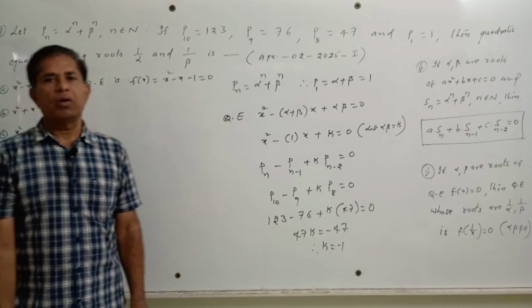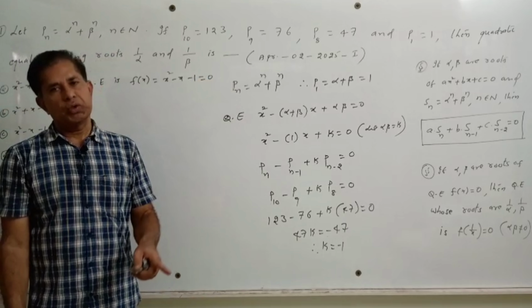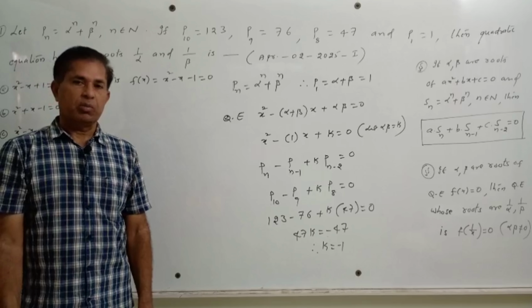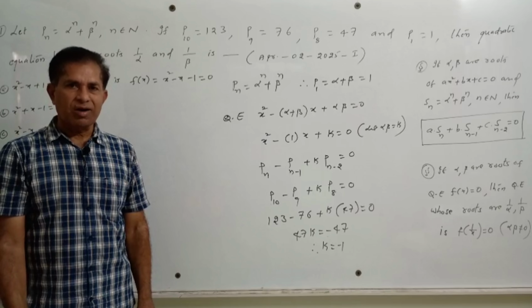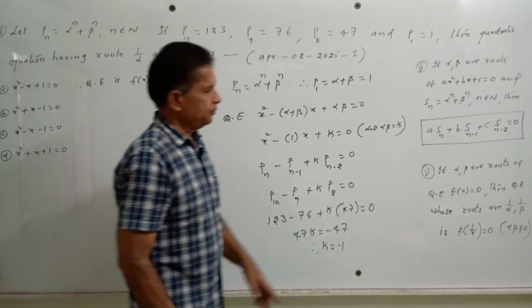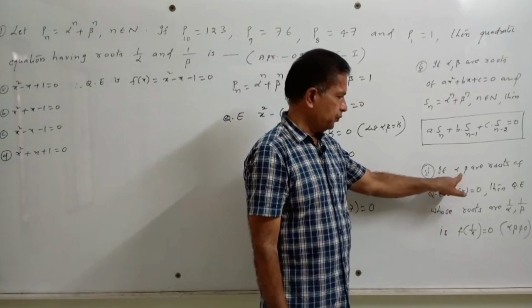So I wrote the quadratic equation whose roots are alpha and beta. But in the problem he is asking for the quadratic equation whose roots are 1 by alpha, 1 by beta. You know this formula.